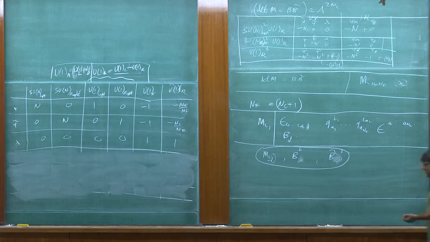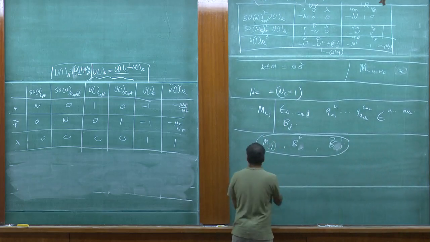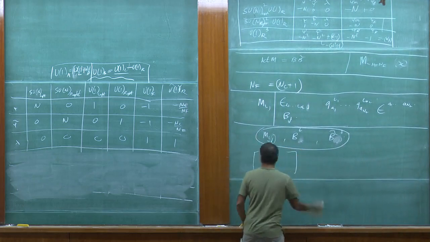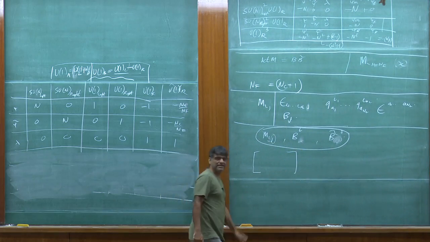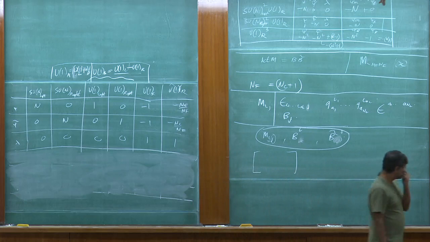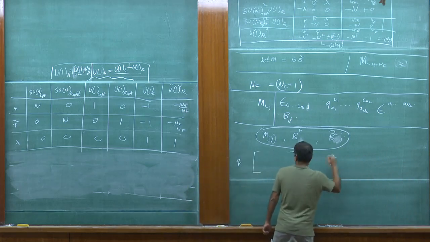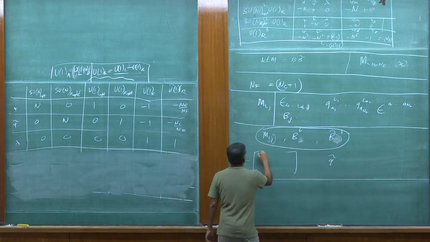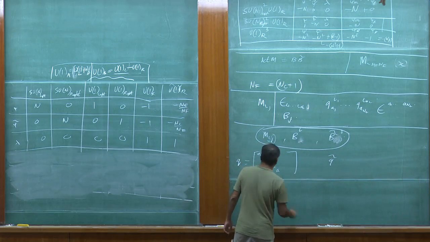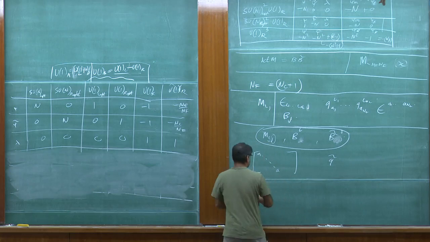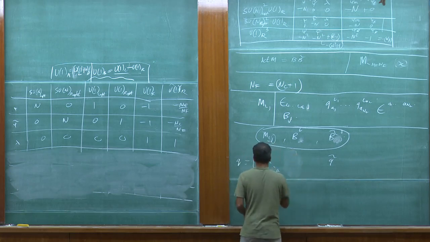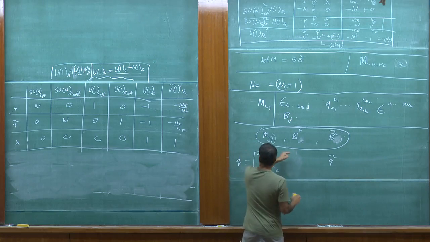Okay. Now, let's see. If you remember our solution of the D-flatness conditions, the solution up to gauge and global symmetry could be written like this: if you looked at Q and Q tilde, you got a_1 up to a_{N_C}. Let's say this is color and this is flavor.